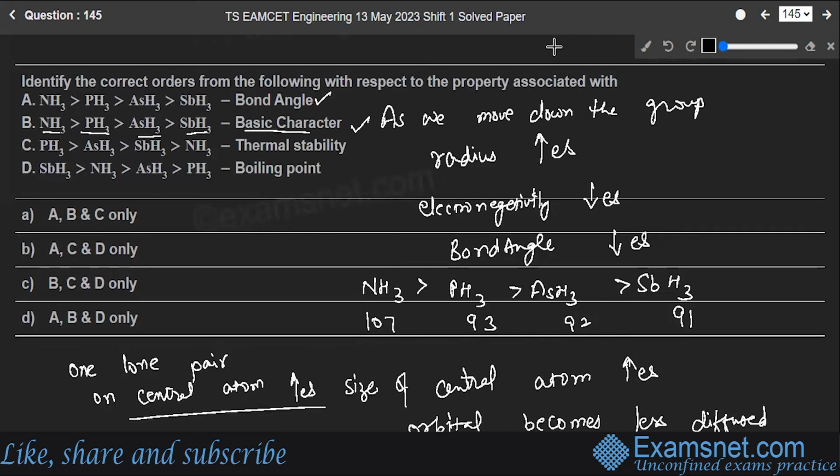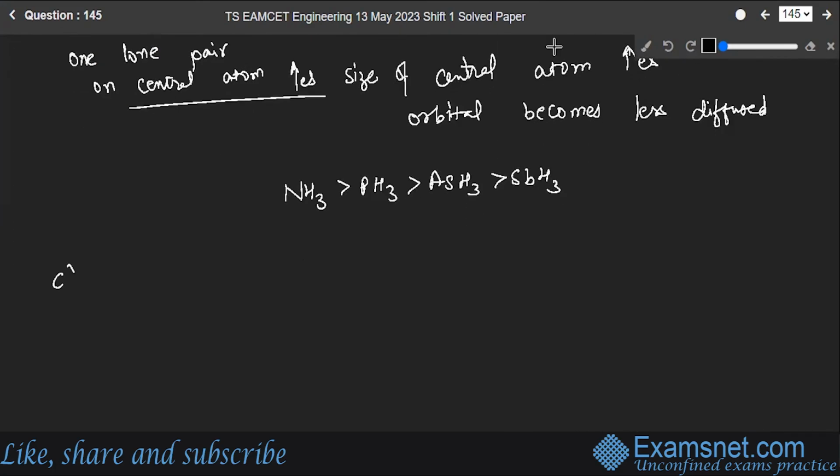The next one, PH3, AsH3, SbH3, and NH3 in terms of thermal stability. The correct order for the thermal stability is NH3 followed by PH3, then AsH3, then SbH3.